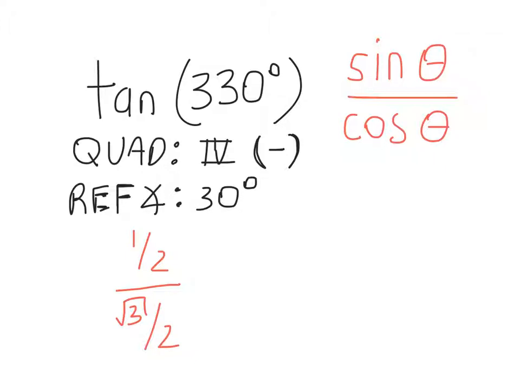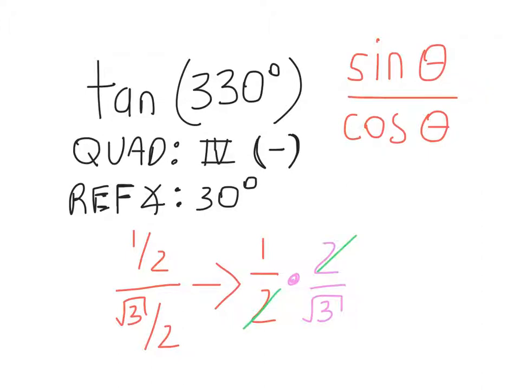While this is a perfectly acceptable answer, you're pretty much never going to see it written this way, especially if you're taking a multiple choice test. So since this is a division problem, we'll want to multiply by the reciprocal. So I change this to a half times 2 divided by the square root of 3.